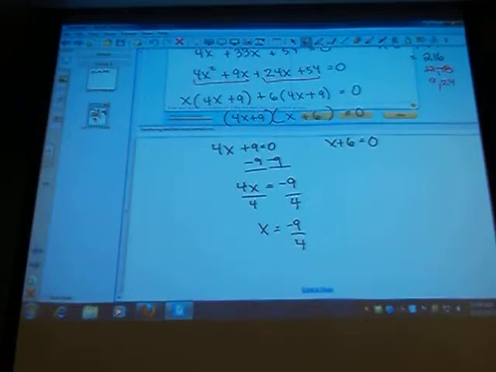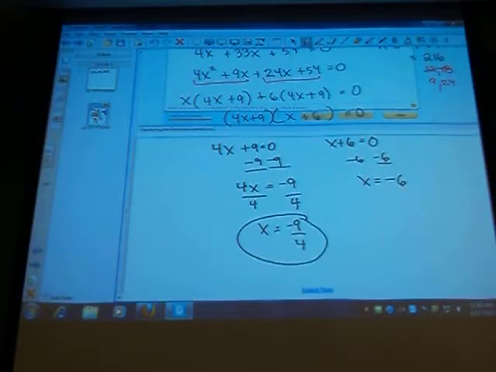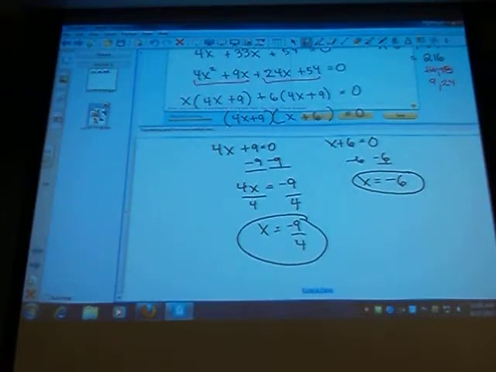And then to get x plus 6 equals 0, I need x equals negative 6. So my two answers here are negative 9 over 4 and negative 6. You just want to write those with a comma in between them.